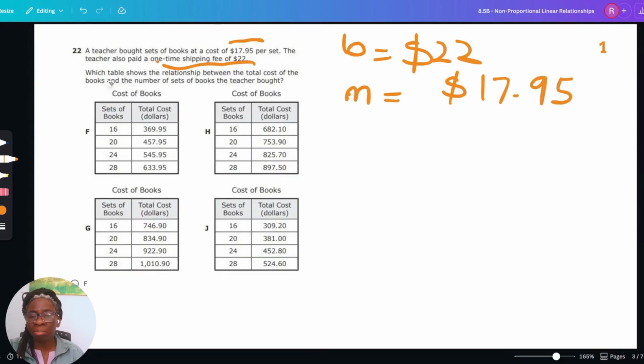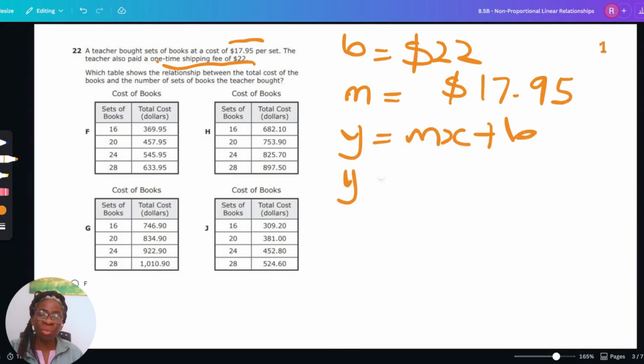Which table shows the relationship between the total cost of the books and the number of sets of books the teacher bought? So don't forget our equation: y equals mx plus b. So y will be equal to $17.95 times whatever x we are choosing, then plus b.